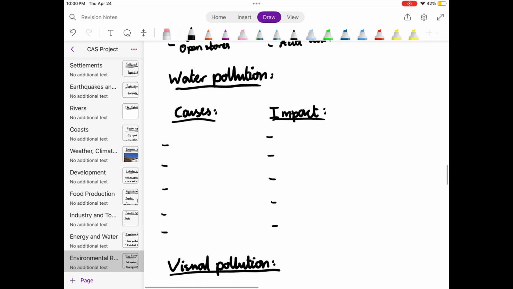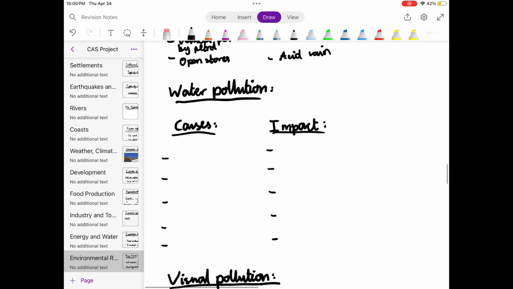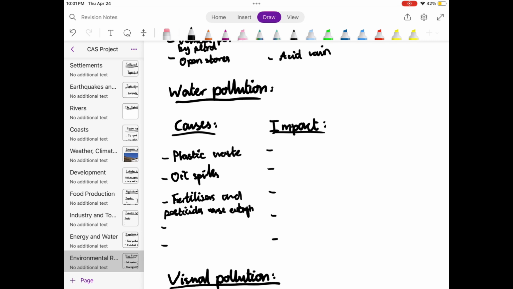So now I'm going to be looking at water pollution. So the causes of water pollution is plastic waste into oceans, and also oil spills, which contaminate the vicinity of the area where the oil spill has occurred, and also fertilizers and pesticides cause eutrophication.